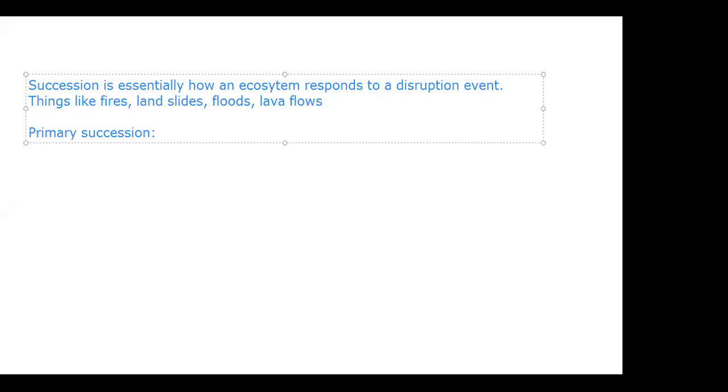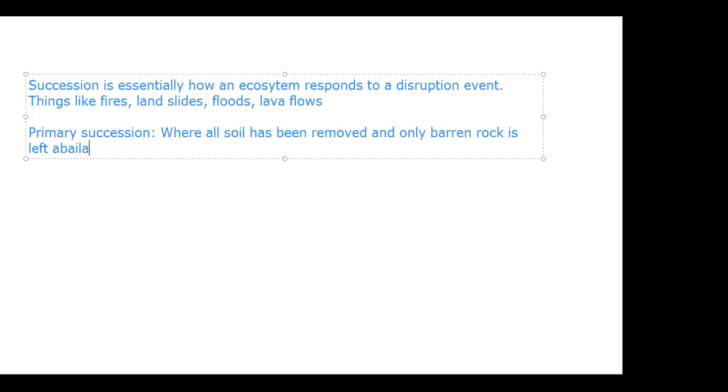Okay, primary succession is where all soil has been removed and only barren rock is left available. Okay, so this is an issue. When you only have barren rock, nothing can really grow on that.